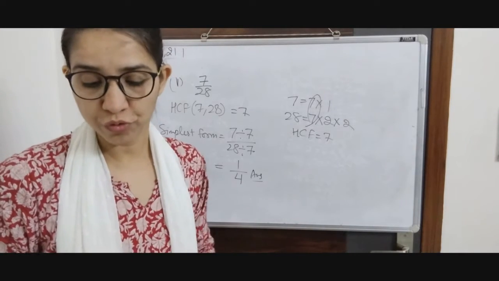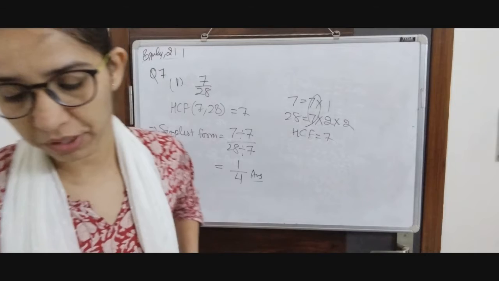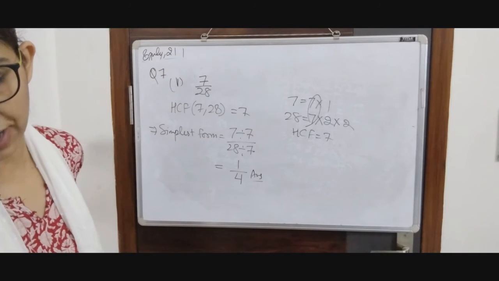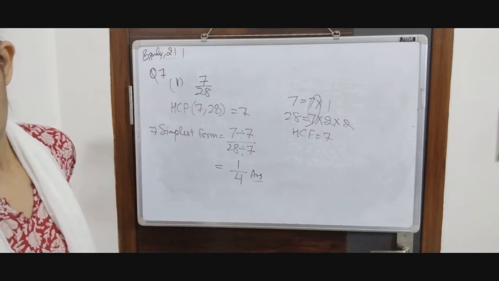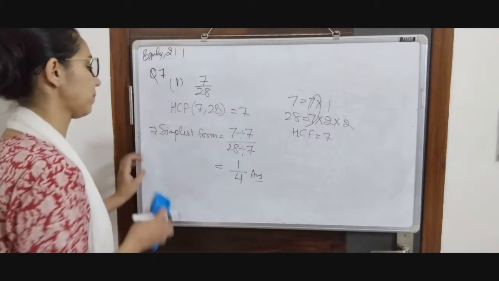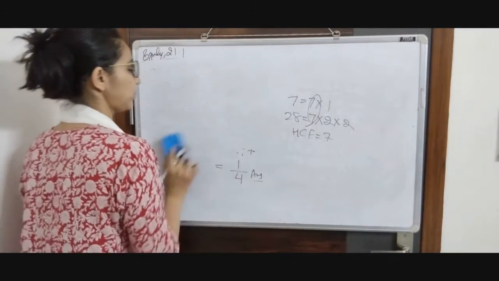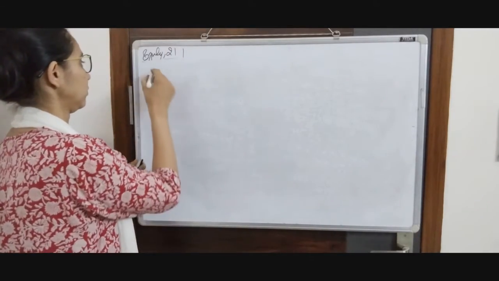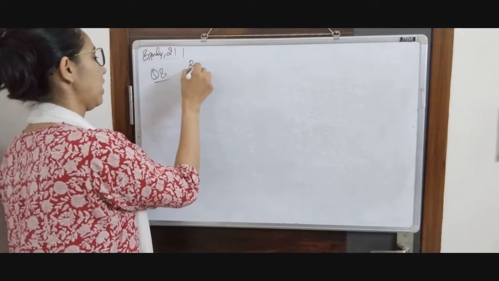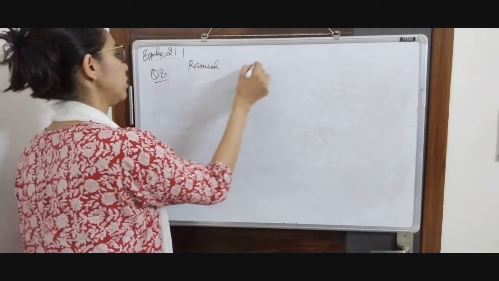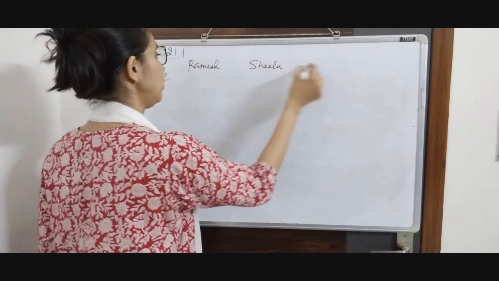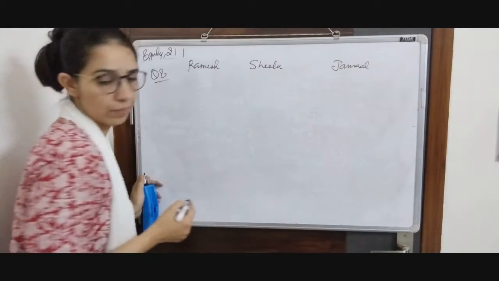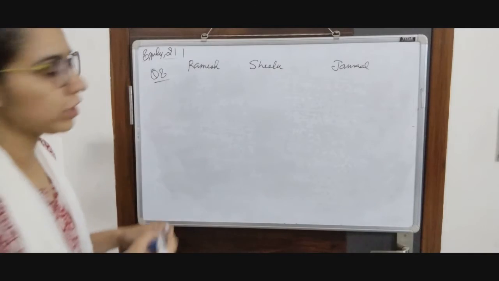Now we are going to move to question number 8, which is: Ramesh has 20 pencils, Shilu and Jamal. Okay, we have three people, Ramesh, Shilu and Jamal. Now Ramesh has 20 pencils.